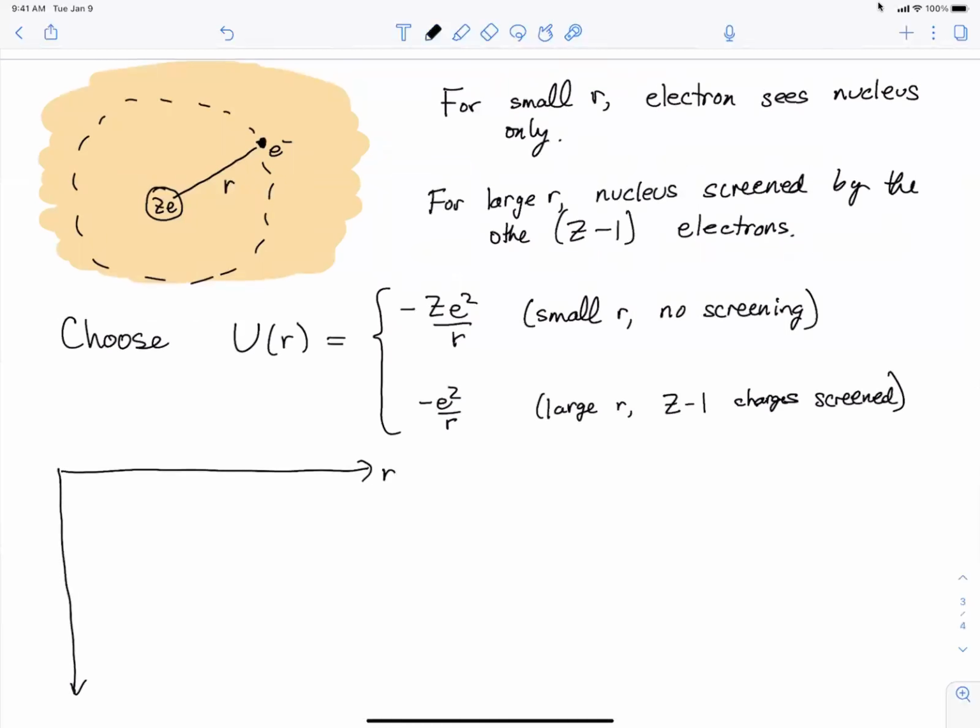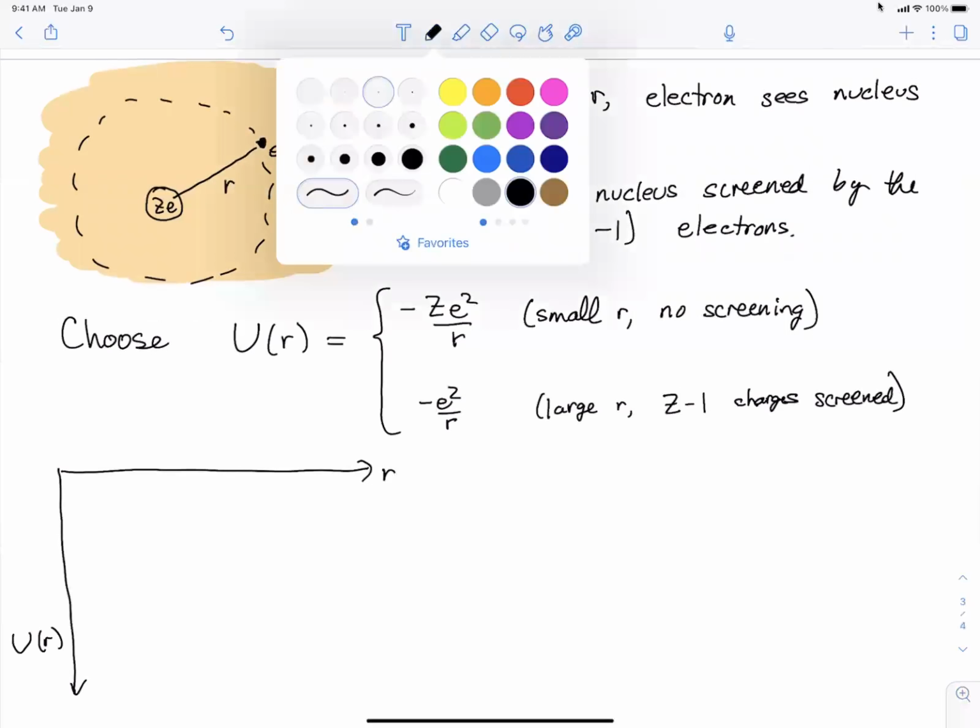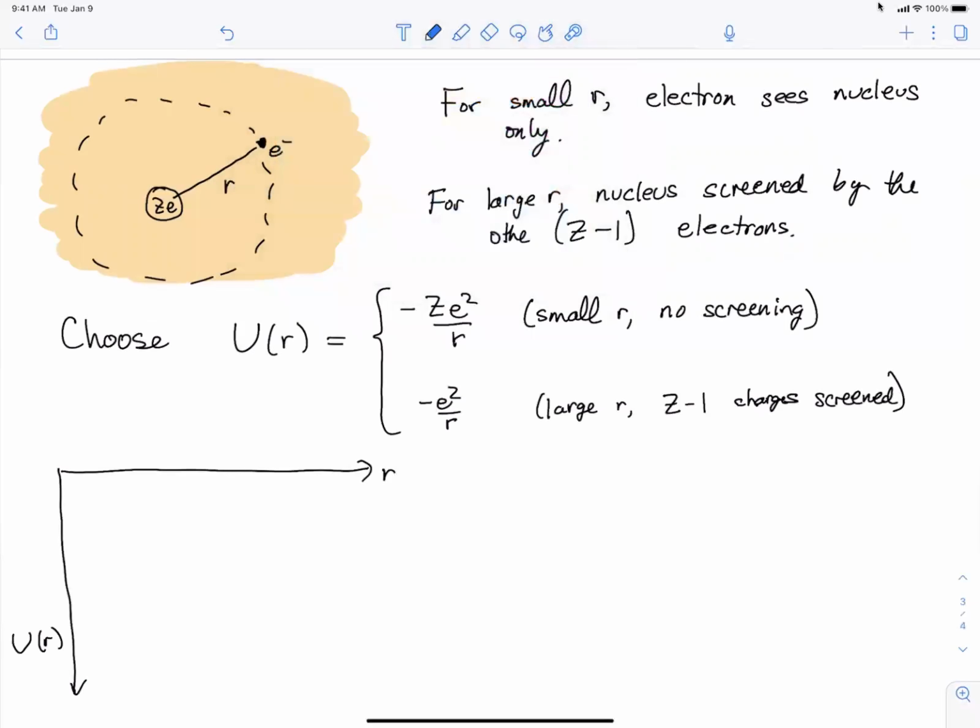Okay, so this is a graph of U of R versus R. And so we can draw two versions of this. One would be the relatively weak potential from a single charge, something like that. That would be minus e squared over r.